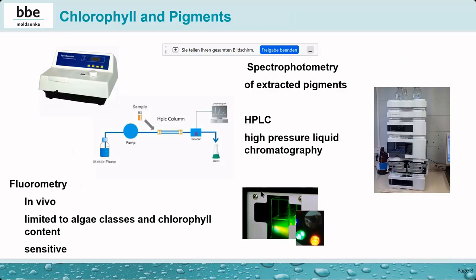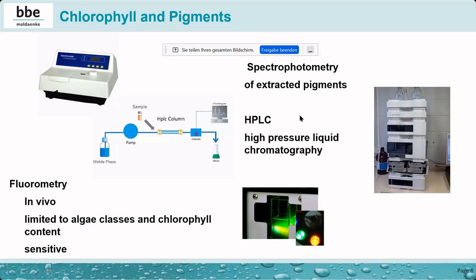So to determine this chlorophyll content, we have different types of measurements. A very common way is to extract the pigments in organic solvent and determine them at different wavelengths in the spectrophotometer. This gives you information about the chlorophyll content, but not what kind of algae are inside.